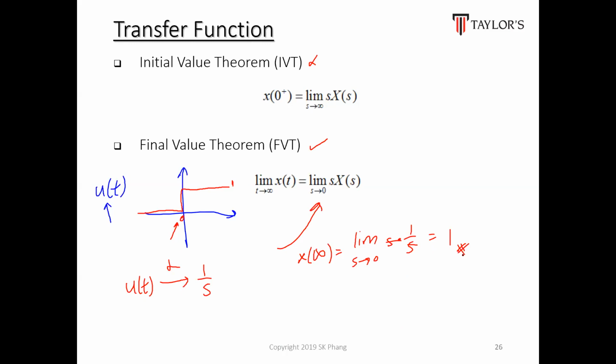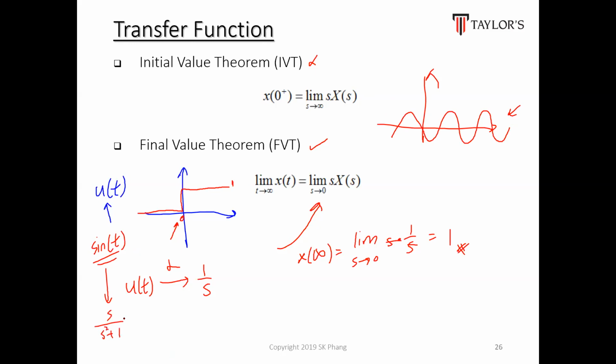You get it? So let's say you have other signals, like a sine or cosine, sin(t). Sin(t) has no final value because it keeps going up and down. There's no final value at all. So I don't think you can find an answer if you use sin(t). Sin(t), if you take the Laplace transform, is what? s over s squared plus 1, something like that.